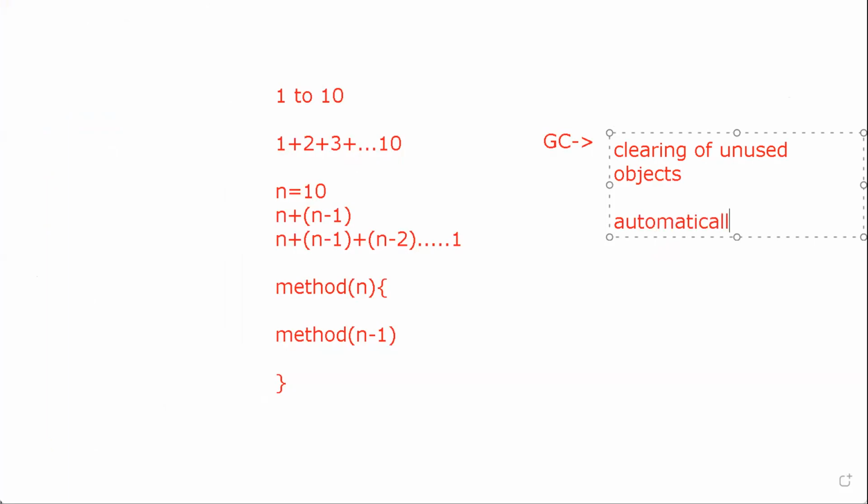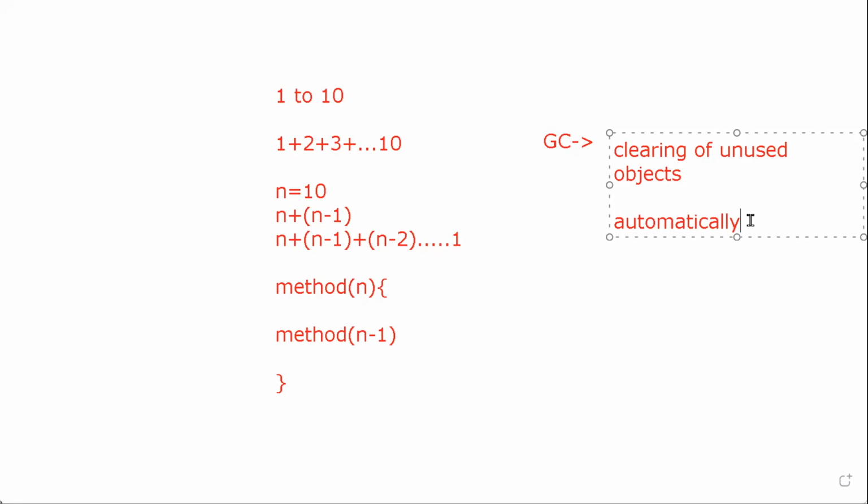So the programmer does not need to worry. He can go on creating objects. Automatically garbage collection, whichever is the unused object, it will go on clearing the space. So that is the reason my Eclipse is still working even today. So garbage collection is to clear any unused objects.